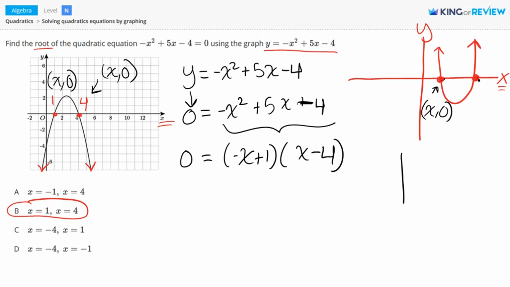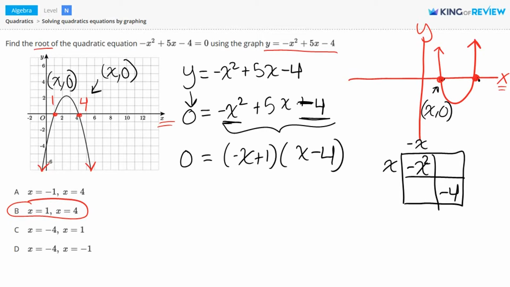One method for factoring is using the box method. So I'll enter my x squared term, which is negative x squared, right here, and I'll enter my constant term, which is a negative 4, right here. Which two terms multiply together to give negative x squared? Well, we have negative x and x. And which two terms multiply together to give negative 4?